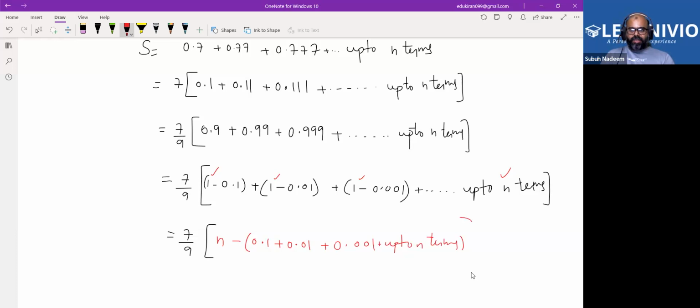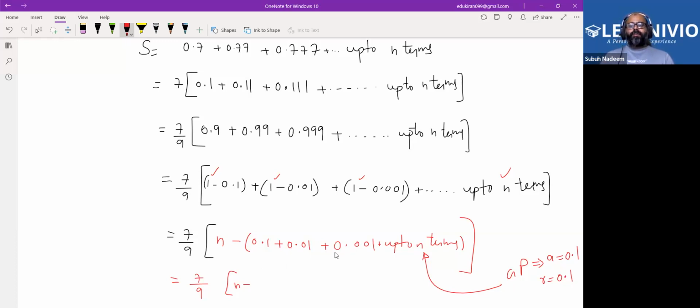Now this series 0.1, 0.01, 0.001, this is a geometric progression with the first term 0.1 and common ratio also 0.1, because if you multiply 0.1 by 0.1, you will get 0.01.